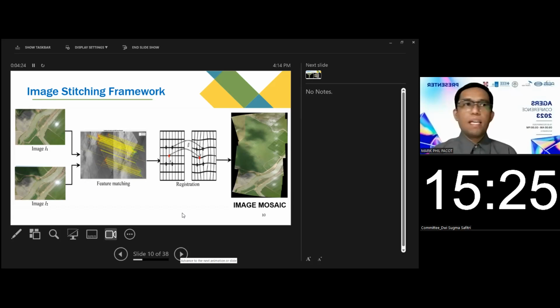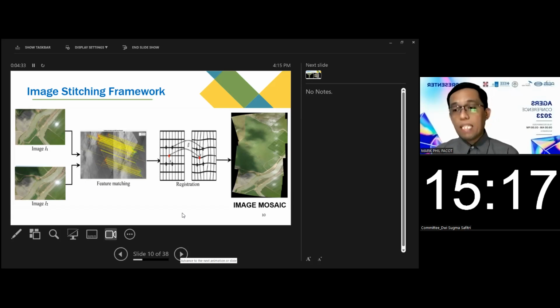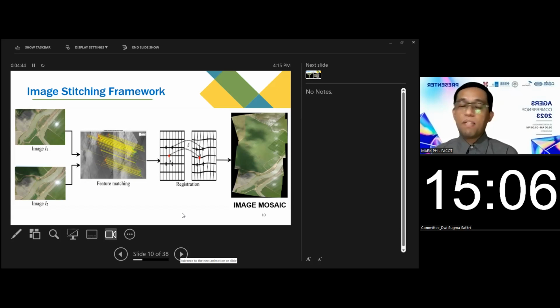Also, you can have a deep learning based type. Generally, you are going to get key points which represent the distinctive regions of these paired images. Then you move to the next phase, which is image registration, which is basically warping the source image onto the target image to blend together in order to form this image mosaic.